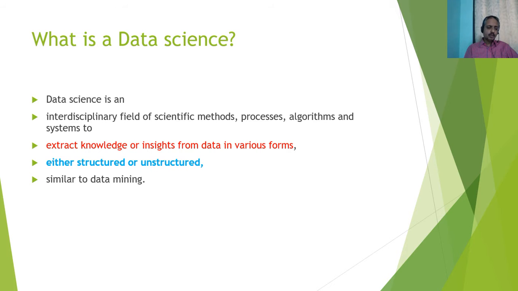But now new data is coming into analysis that we call unstructured data. Most modern data science projects work on unstructured data. So, data science first is interdisciplinary, second is finding information from the data, and third, the source of data can be structured or unstructured.